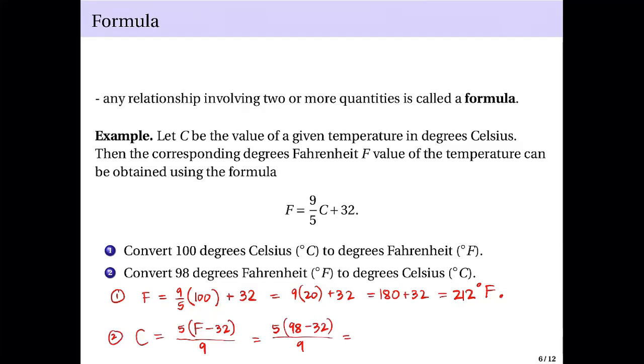So 98 minus 32, that's 66, divided by 9. Okay. And then what do we have in here? If we divide by 3, we have 5 times 22 over 3.